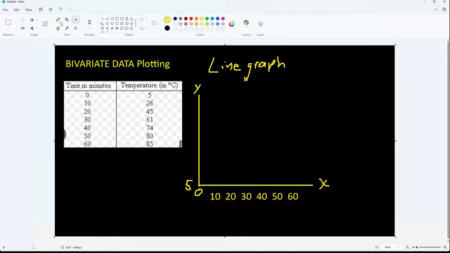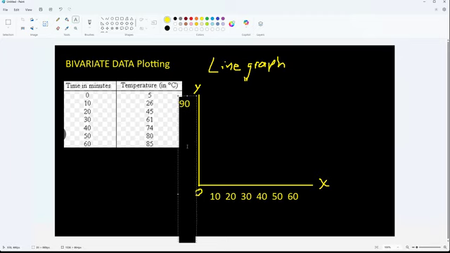So let's make our axis for temperature a little different. Let's see, the hottest it's going to get is 85, so we'll put 90 right here. Move this over a little bit, and move this over a little bit. Here we go.